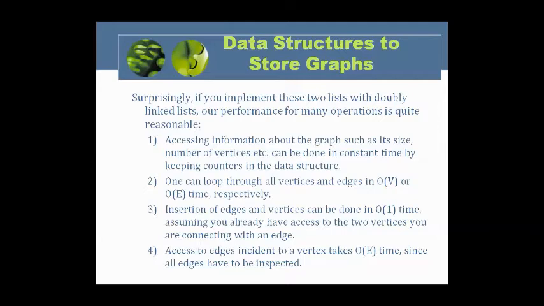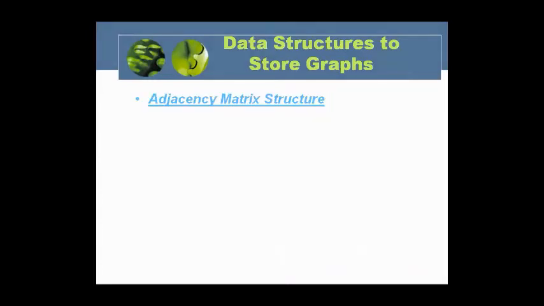Insertion of edges and vertices can be done in constant time, assuming you already have access to the two vertices you are connecting with an edge. Fourth, access to edges incident to a vertex takes O(E) time since all edges have to be inspected.